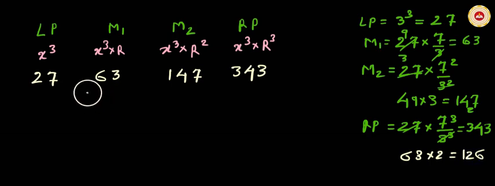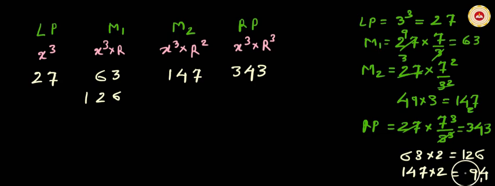So 126. Write 126 here. What is middle part 2? 147. Multiply 147 by 2. We get 2 sevens are 14. Write 4, carry 1. 2 fours are 8 plus 1 is 9. And 2 ones are 2. That means 294. So write 294.